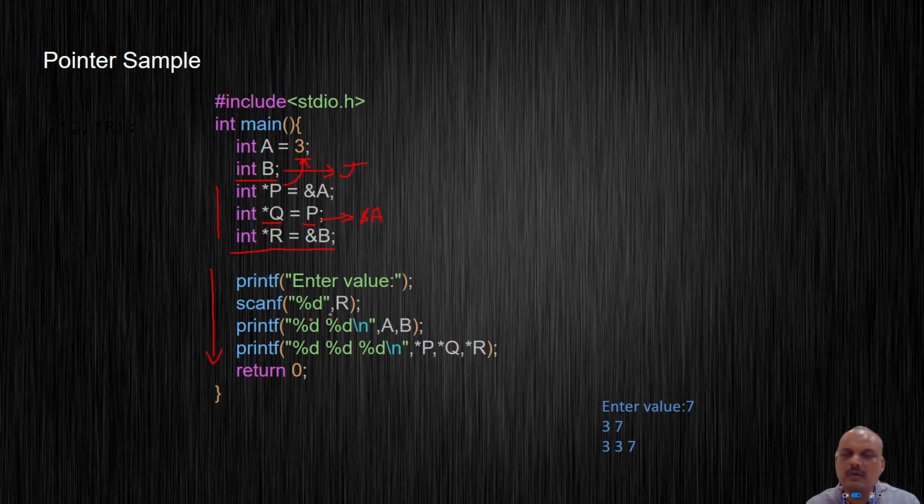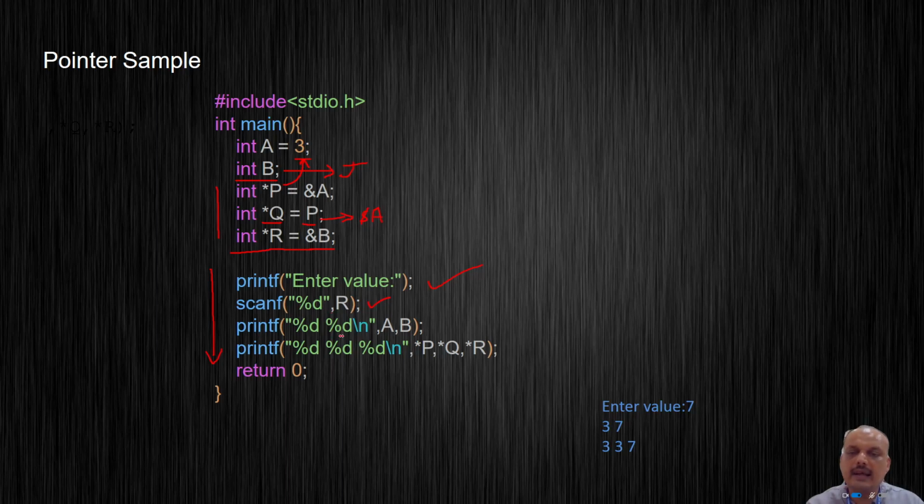Further going through the code, we ask the user to enter a value, and whatever value the user enters is stored through r. What is r pointing to? R is basically pointing to the address of b, or it is pointing to b. So I say scanf %d r.